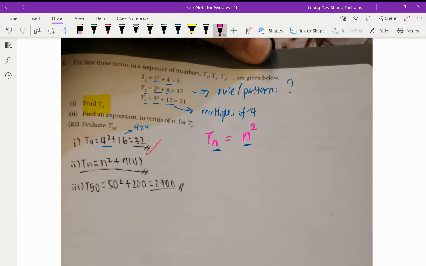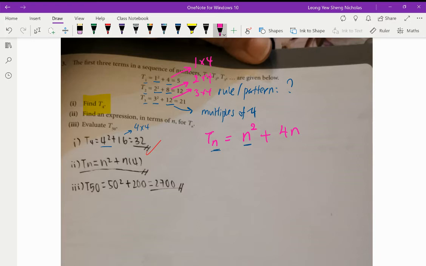And since it's multiples of 4, 4 equals 1 times 4, 8 equals 2 times 4, and 12 equals 3 times 4. That means when it's the nth term, it will be n times 4, which is 4n.